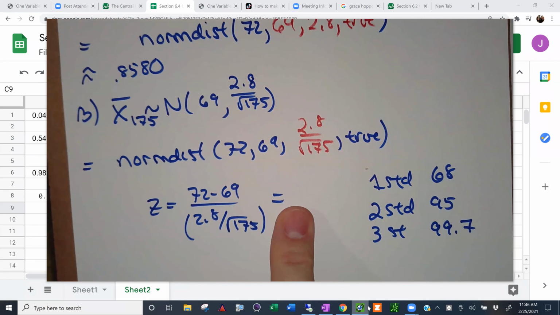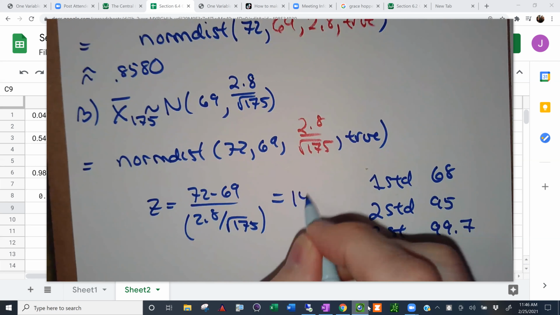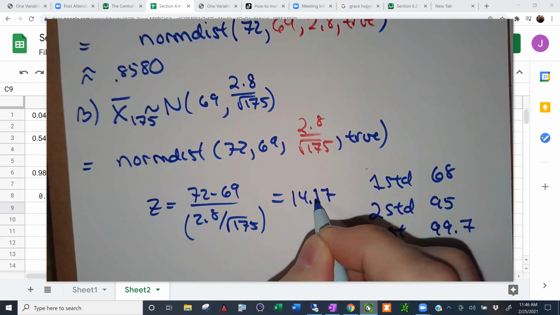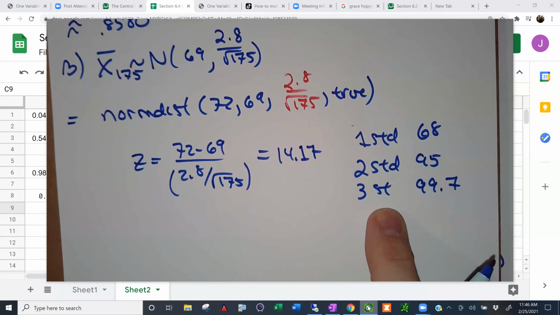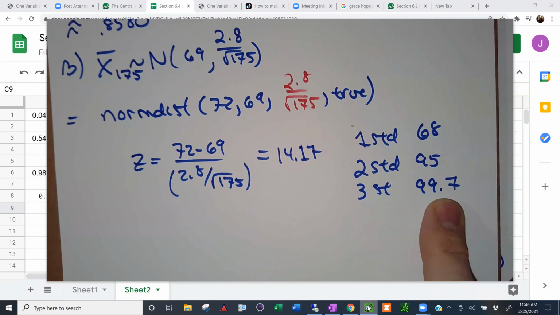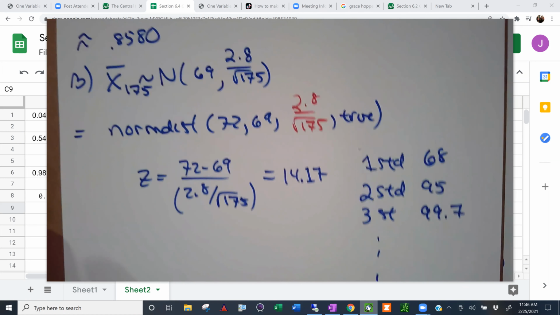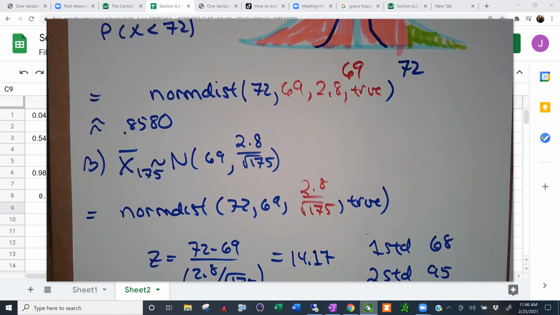It's no wonder that there's no area out here. That's crazy. I mean, think about it. At 3 standard deviations, you've got almost 100% of your data. 14 standard deviations, wow. Not a shocker that it just throws up a 1. It's like, no, you're going to get an observation that's less than 72.